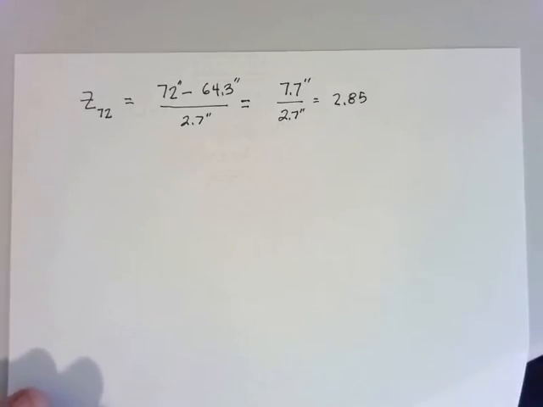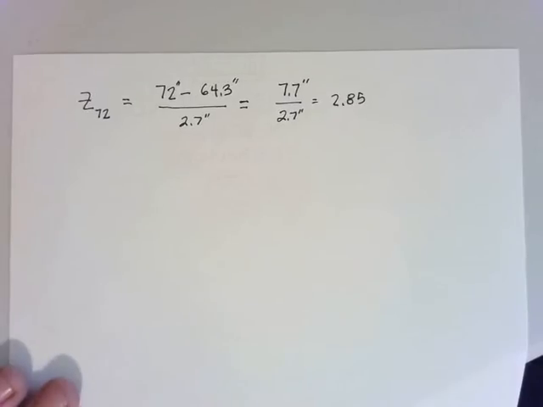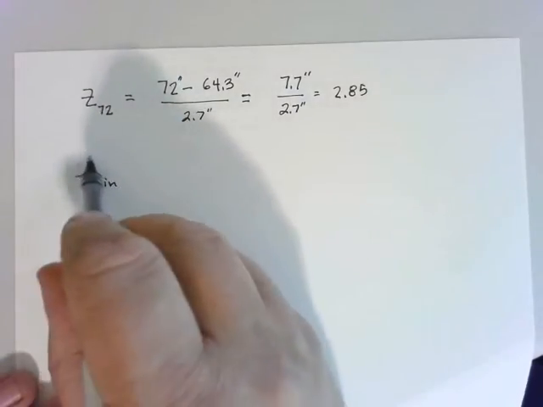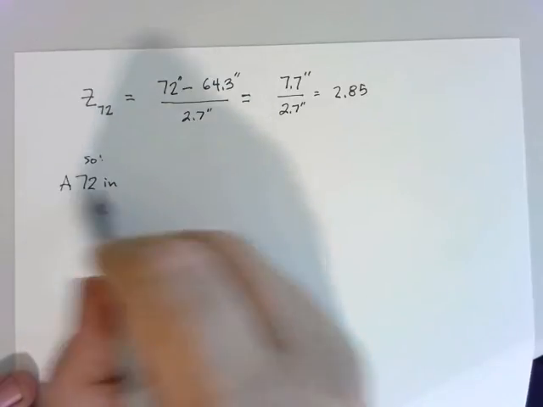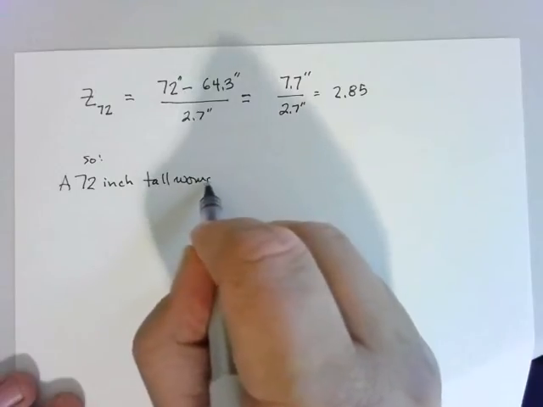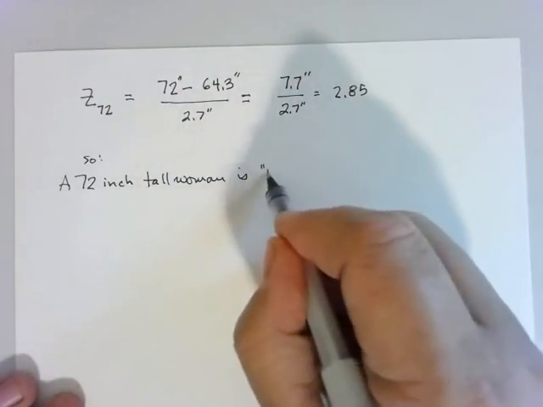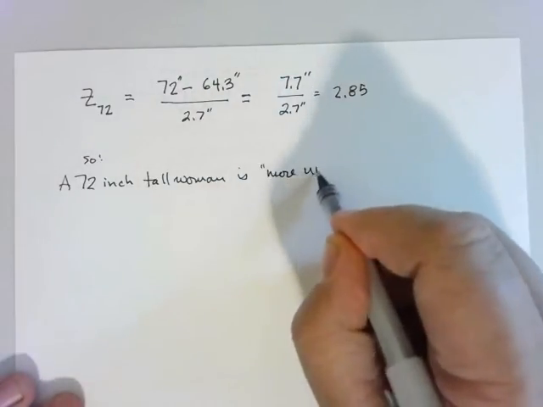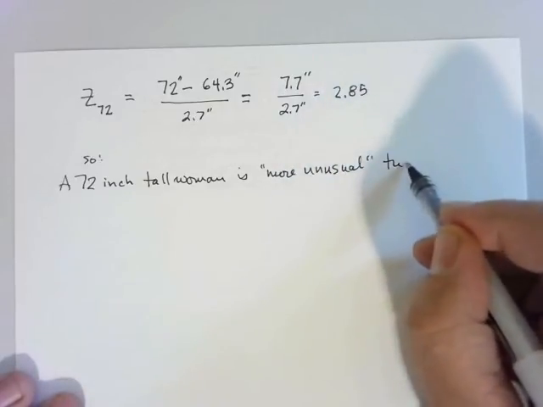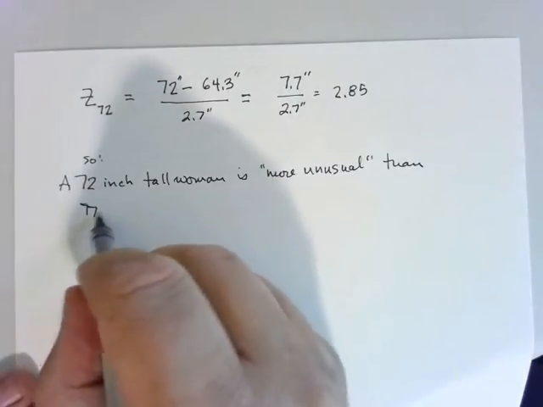we could interpret this as: a 72-inch tall woman is more unusual, more remarkable than a 77-inch tall man.